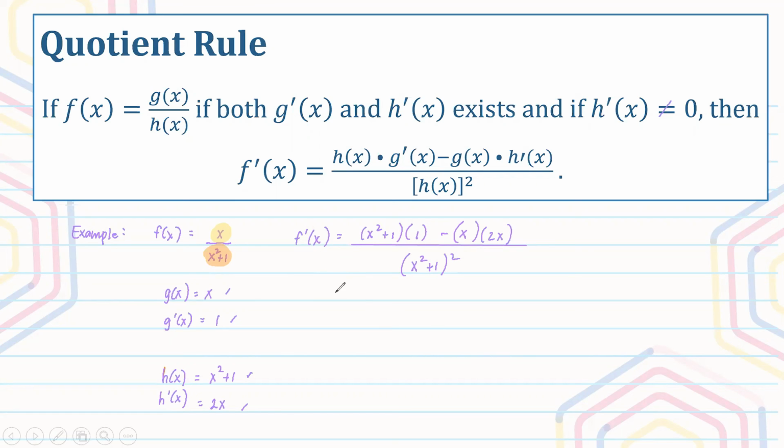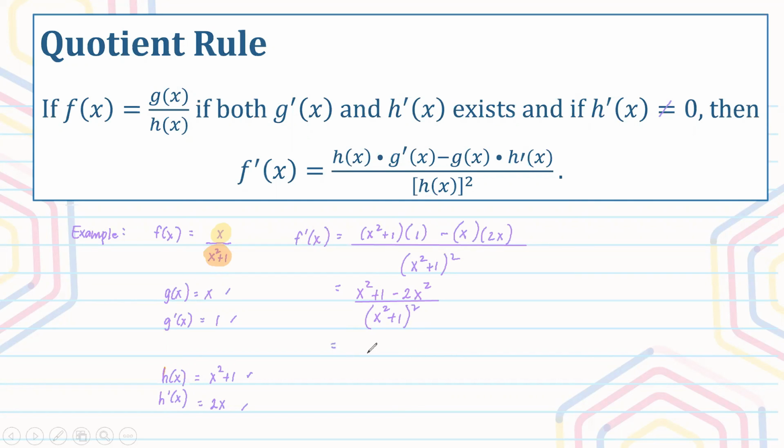Okay, this time let's simplify. So multiplying x squared plus 1 times 1, that is just x squared plus 1. And then multiplying x by 2x, that is negative 2x squared. So we have here negative 2x squared over x squared plus 1 squared.